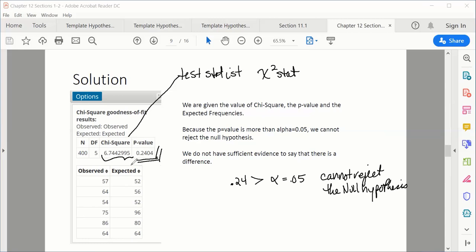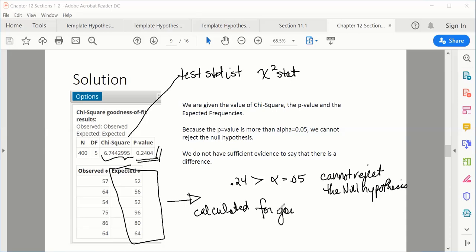Now notice this column that says expected. This is calculated for you. The percent turned into frequencies. So the total number of these is 400.